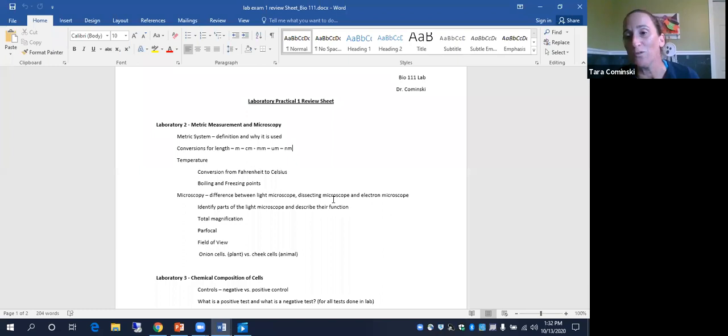Yeah, so parfocal, I don't know that I really went over that explicitly when we were doing the lab, so I'm glad you asked. You kind of know what it is, because when you actually use the microscope, this was always happening. It's the idea that if something is in focus, say under low power, when you switch to high power, it will still pretty much be in focus.